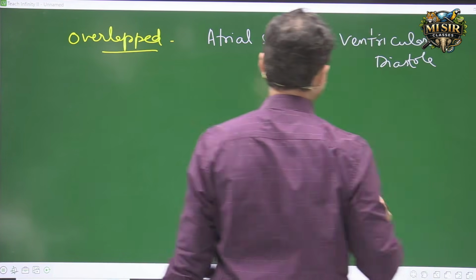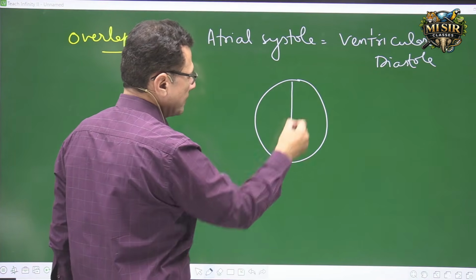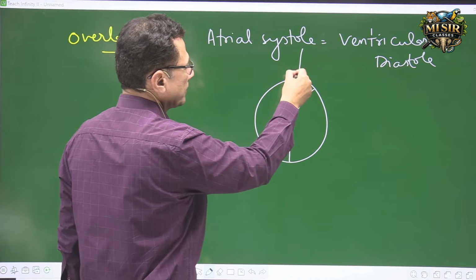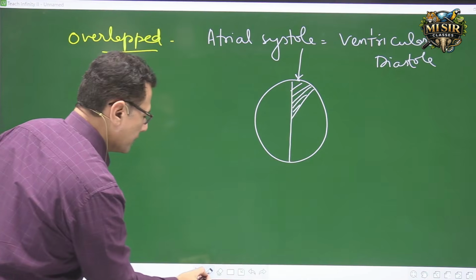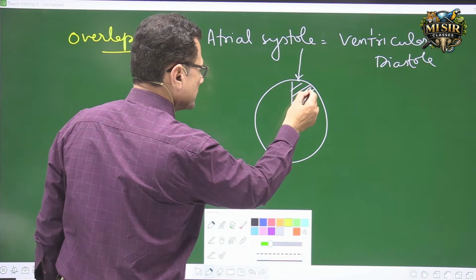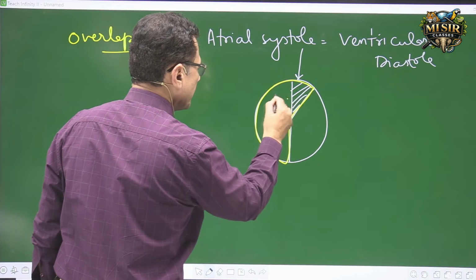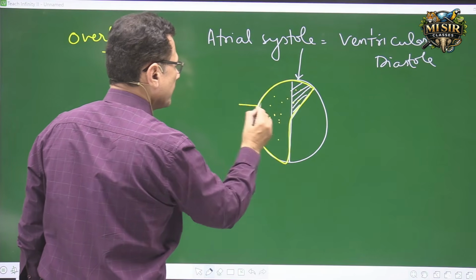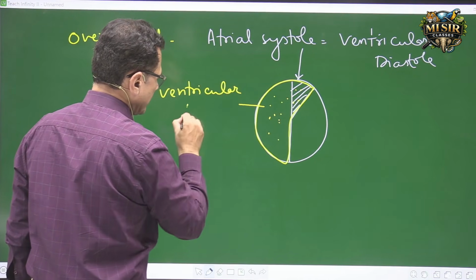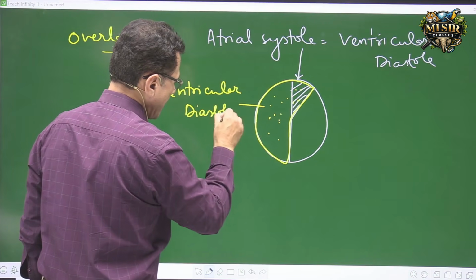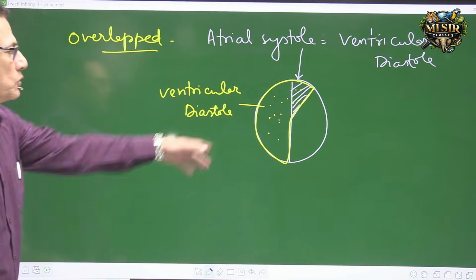Suppose this is atrial systole, and this portion is ventricular diastole. We have already said this is joint diastole, 0.4 second. This is an overlapped condition.